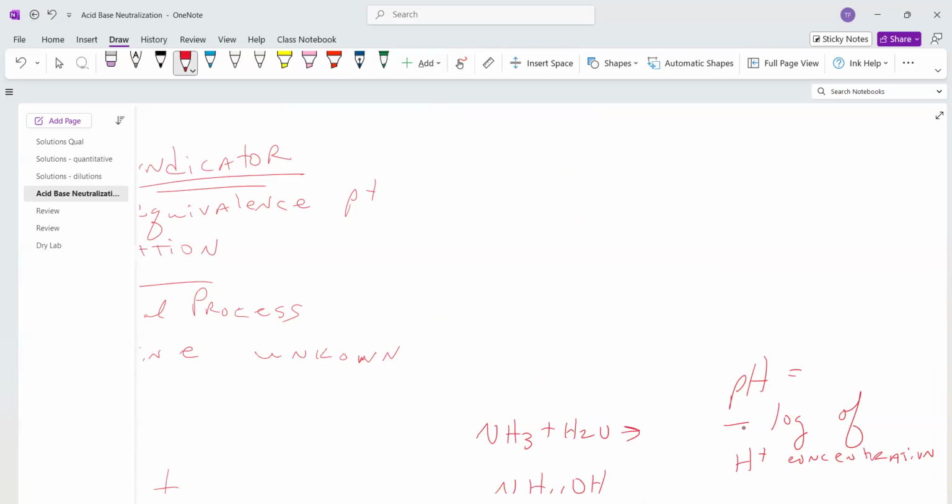In the case of pH, it's hydrogen ion concentration. In the case of pOH, it's hydroxide concentration. In the case of P sugars, it's the sugar concentration. They use it a lot in diabetic treatment and clinology.